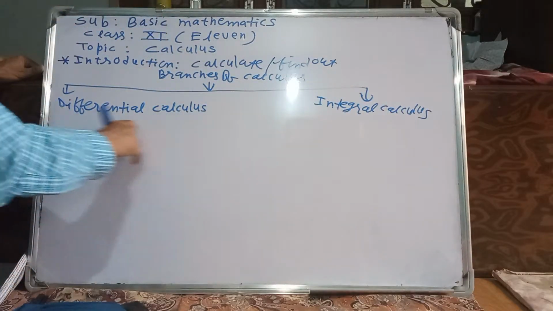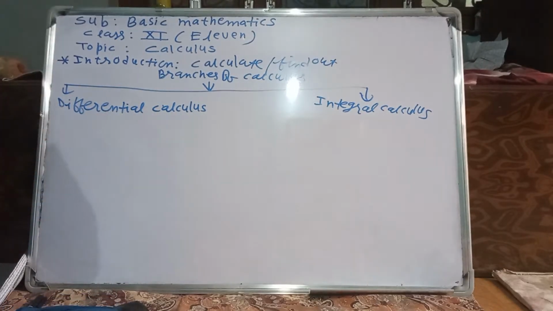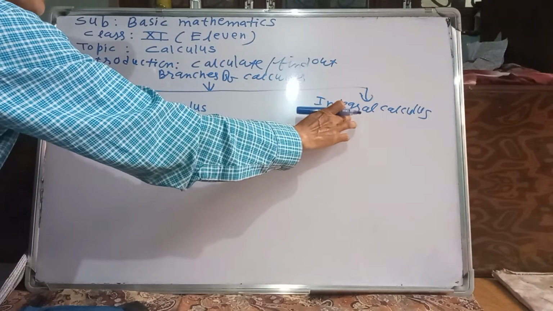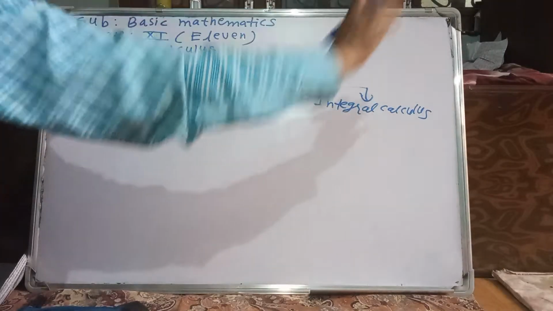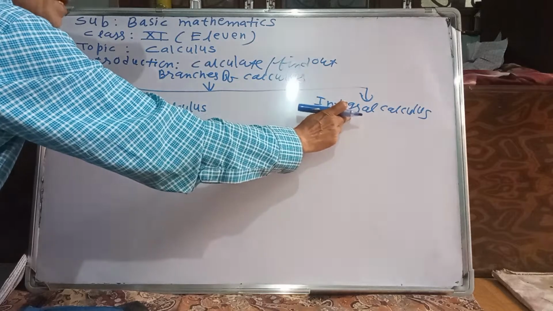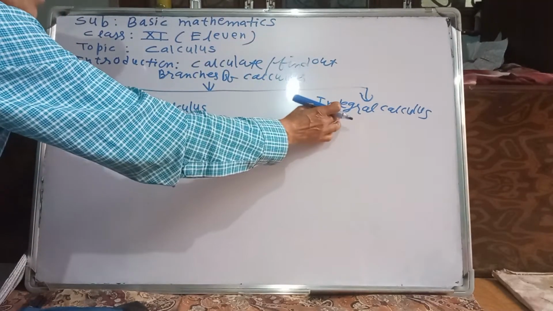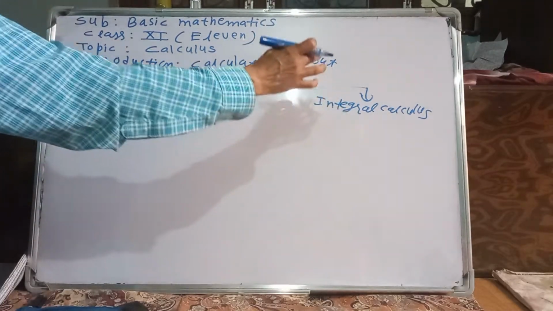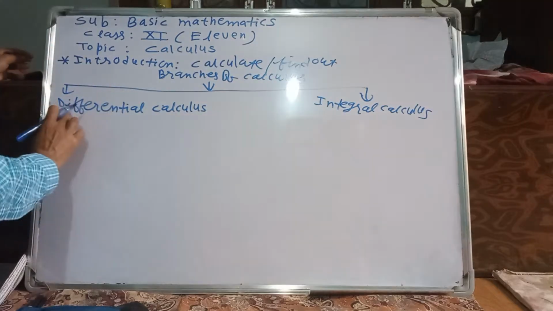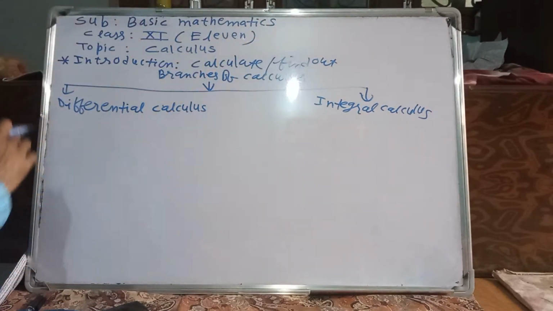Today we are going to study something about differential calculus, and integral calculus will be dealt later on. Integrate means to sum up, to combine smaller things to become a big thing. Differential means to break a big thing into smaller parts.